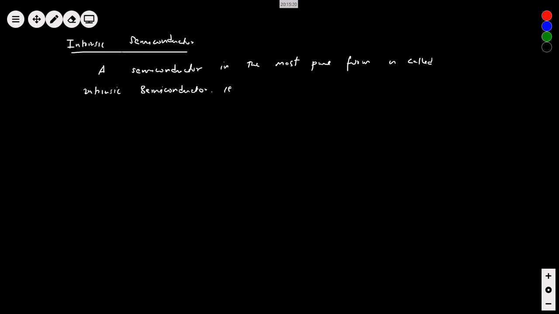That is, the semiconductor in the most elemental stage, in the elemental stage, or as the element, is intrinsic semiconductor.